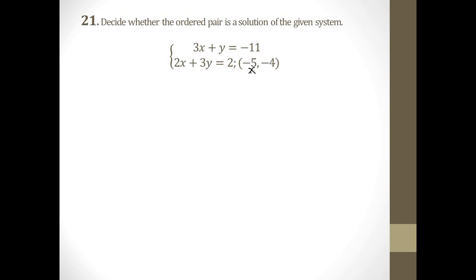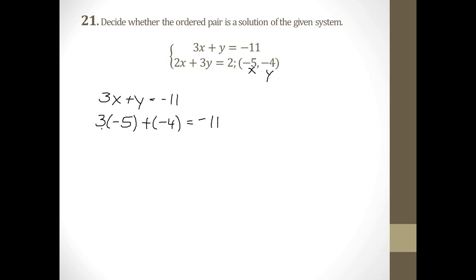So this is my x value and this is my y value. I'm taking 3x plus y equals -11, and plugging in my x value, which is -5, and my y value, which is -4, and that must equal -11.